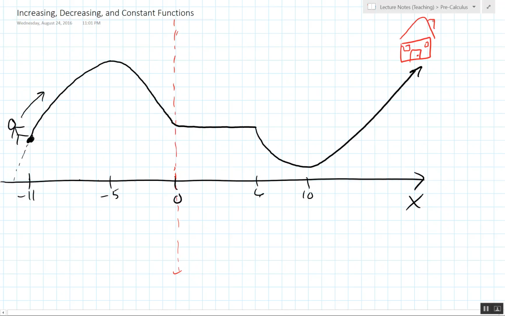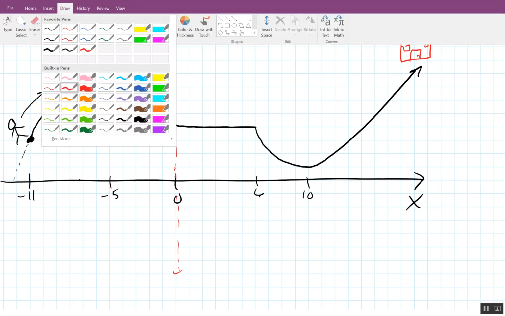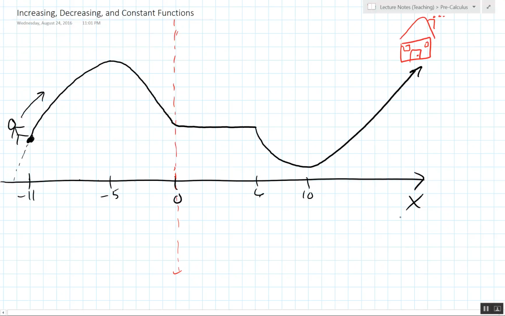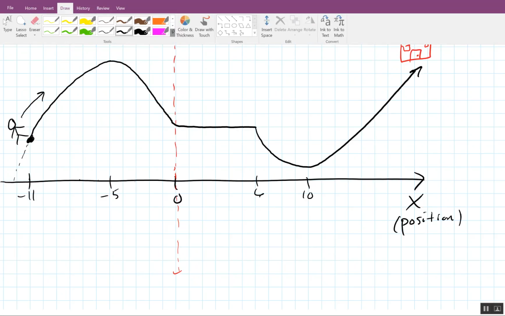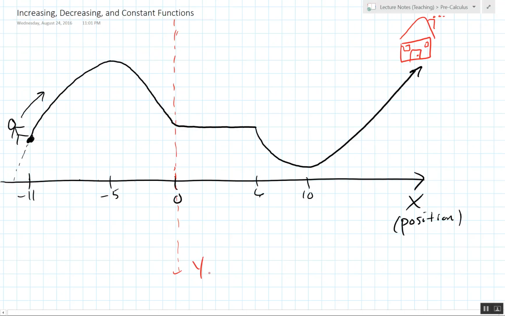And let's put a little smokestack. I know my art's not the best. So the x values represent the position that the person is at, and the y values represent the height, let's say above sea level, that the person is at.